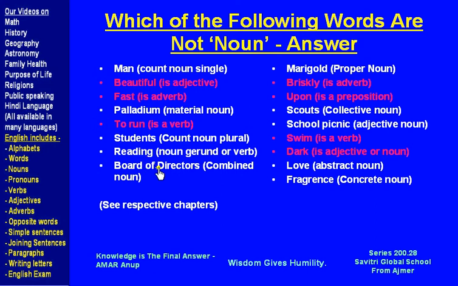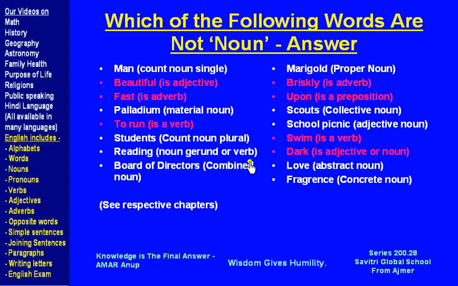Now this is an interesting word because you can use the word reading either as a noun, gerund, or as a verb. In simple English, you can use it either as a noun or as a verb. So when I say I am reading a book, then it is a verb. I am doing an activity of reading.